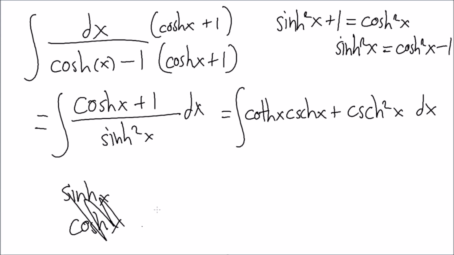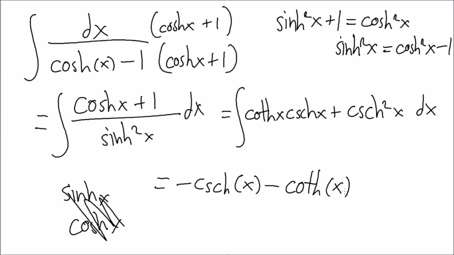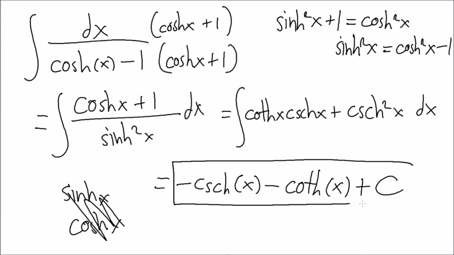So this is equal to negative hyperbolic cosecant x minus hyperbolic cotangent of x, or coth. I don't know how you would pronounce this, but yeah, it's almost the same as regular trig functions.